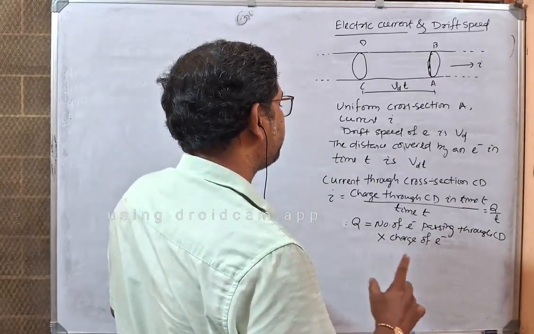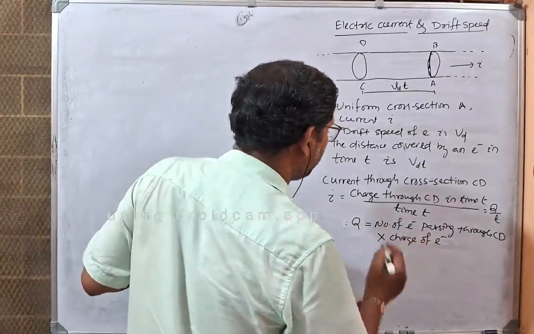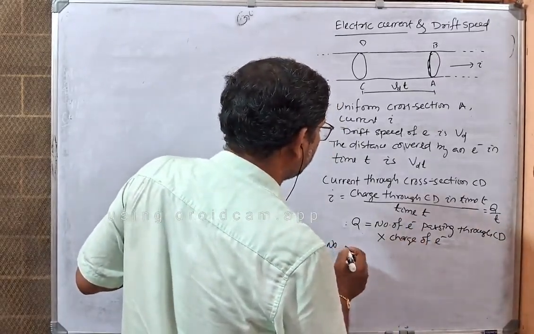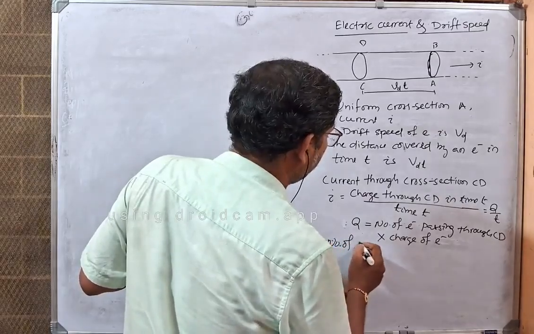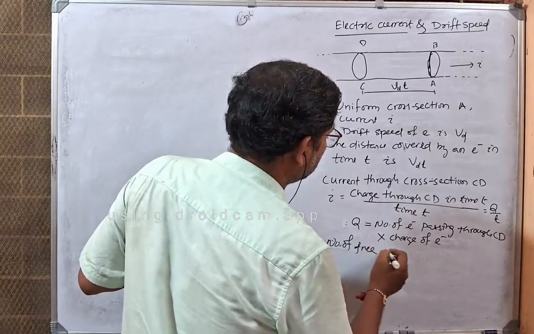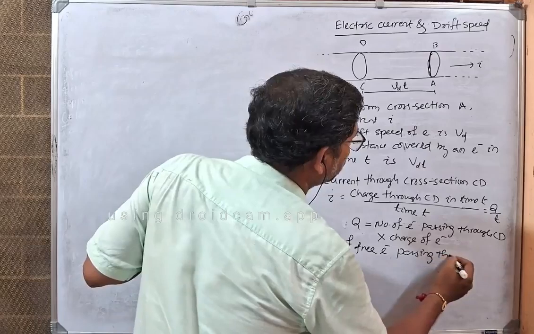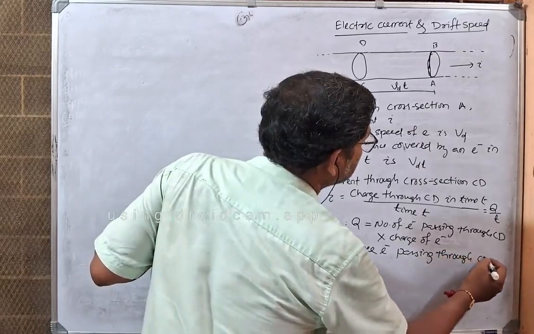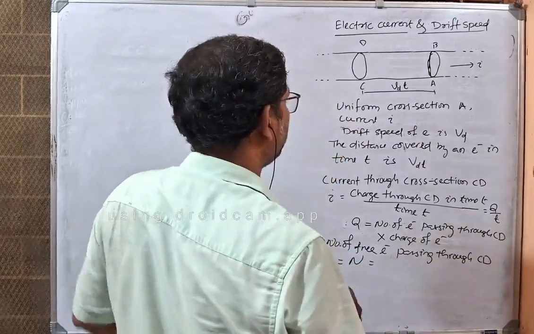Then what is the number of electrons passing through CD? Here I am considering free electrons. So the number of free electrons passing through CD, I will write capital N.